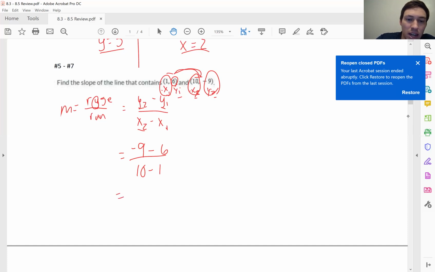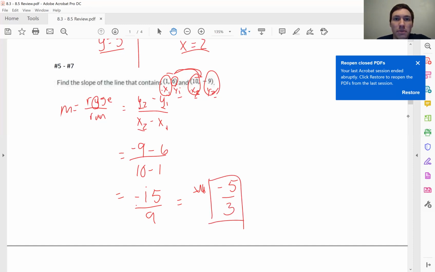So I get negative 9 minus 6 all over 10 minus 1, which I can go ahead and simplify. So negative 9 minus 6 is negative 15. 10 minus 1 is positive 9. So my slope, I can't simplify that, or actually I can divide both by 3. So that's going to get me negative 5 over 3. And that will be my slope on that one.